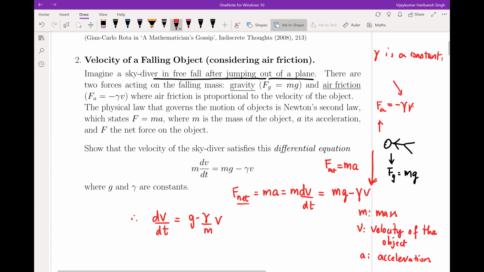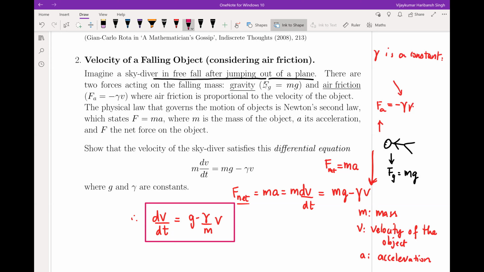The point is that this equation captures the motion of the object under gravity along with the air friction. As we see, it has a derivative inside it, so such an equation is called a differential equation, because there is a derivative involved in the equation.